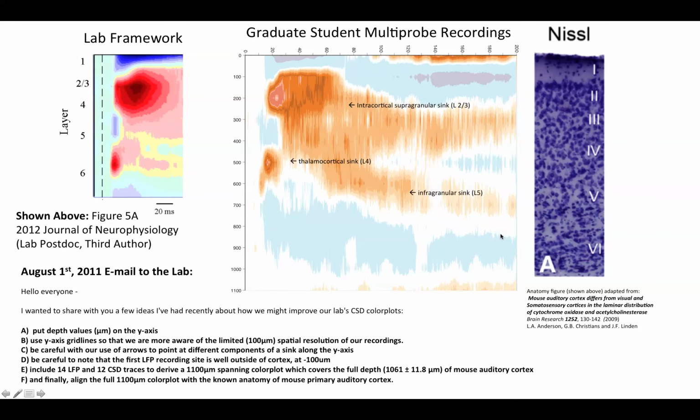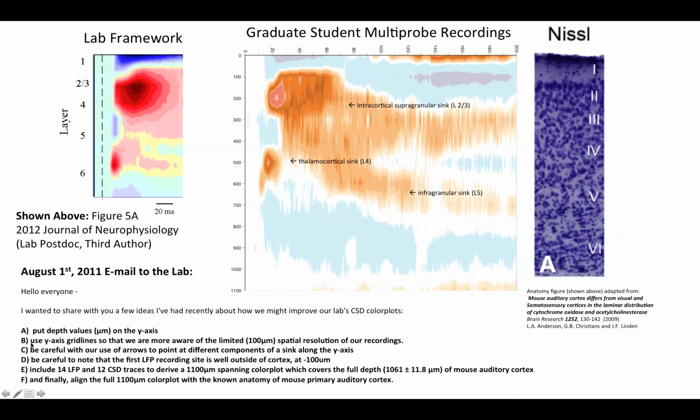Now, on August 1st of 2011, I sent an email to the lab really making an attempt to convince them to take a quantitative approach to analyzing and representing the data. My very first suggestion is that we should put depth values in microns on the y-axis.